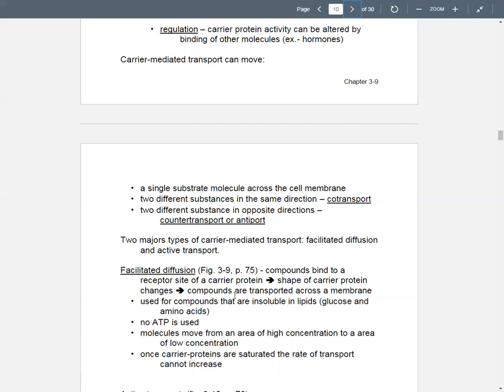You can also have carrier proteins that move substances in opposite directions. We call that counter-transport or antiport. So the 2 seats don't necessarily have to be moving in the same direction.